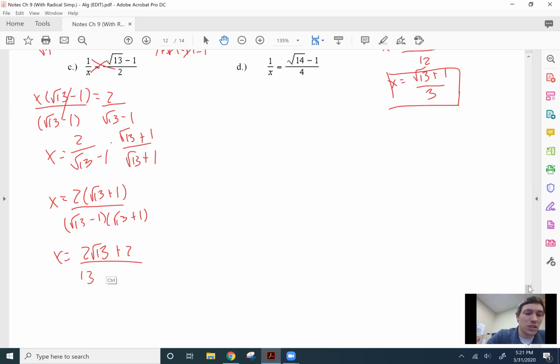Radical 13 times 1 is radical 13. Negative 1 times radical 13 is negative radical 13. Negative 1 times 1 is negative 1. That cancels. I'm left with 2 radical 13 plus 2 all over 13 minus 1, which is 12. And because they're all divisible by 2, x equals radical 13 plus 1 all over 6.